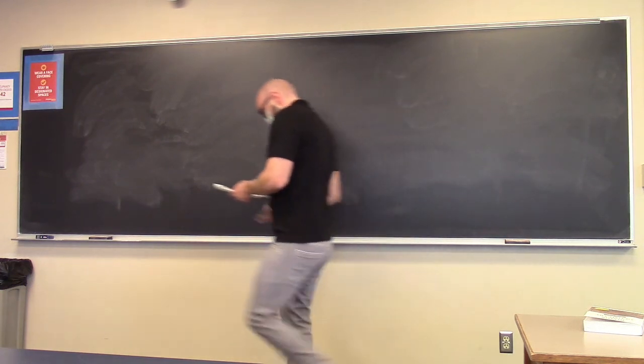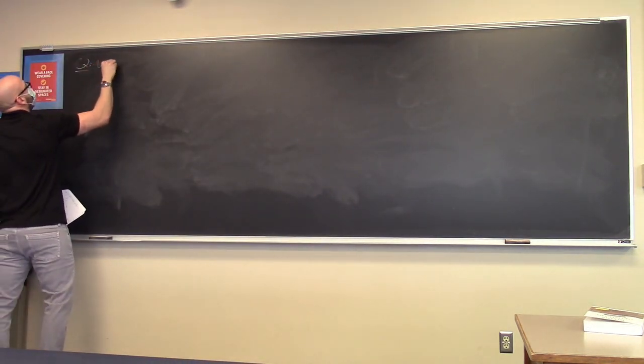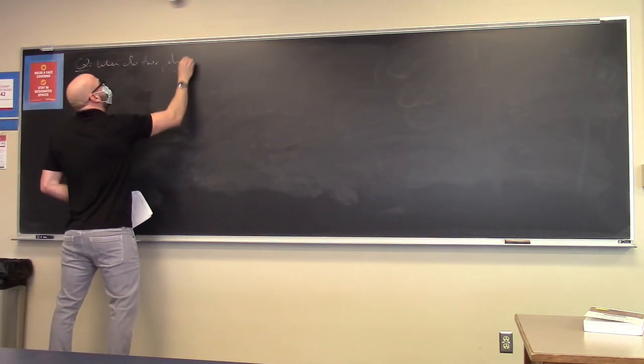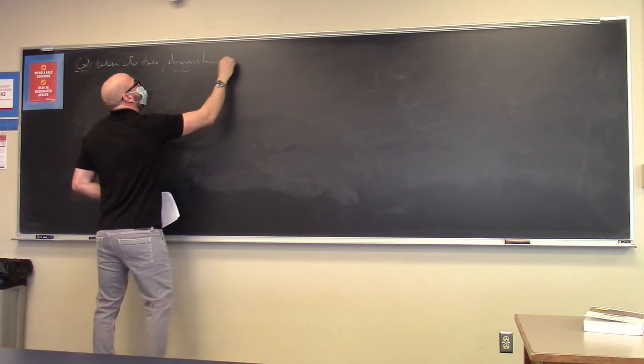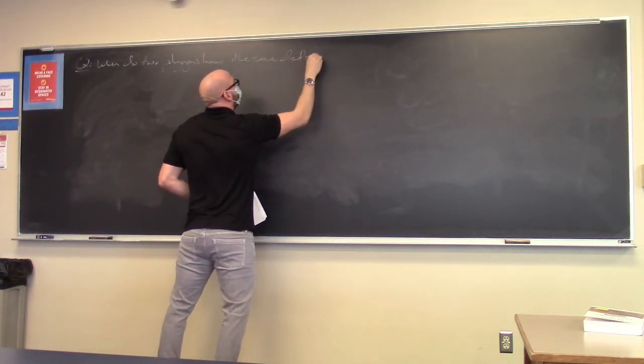All right, so that's a question. When do two polygons have the same defect?